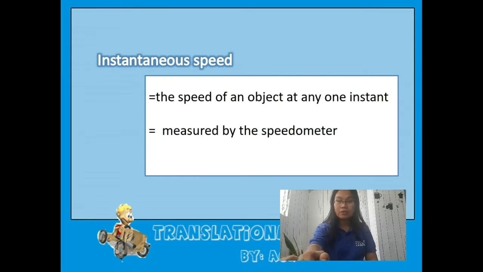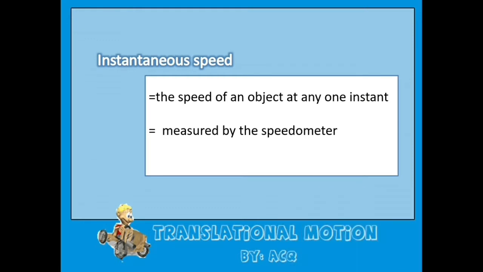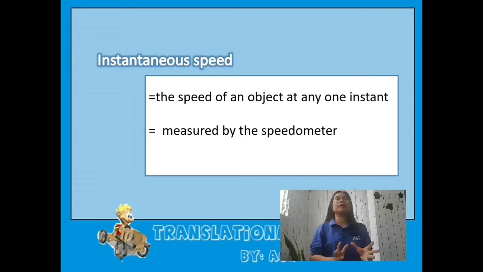So instantaneous speed is defined as the speed of the object at one instant, and again, it's measured by the speedometer. At that particular point you have this instantaneous speed, and then suddenly you change the speed from 20 kilometers per hour to 30 kilometers per hour, and so on. So that is instantaneous speed.